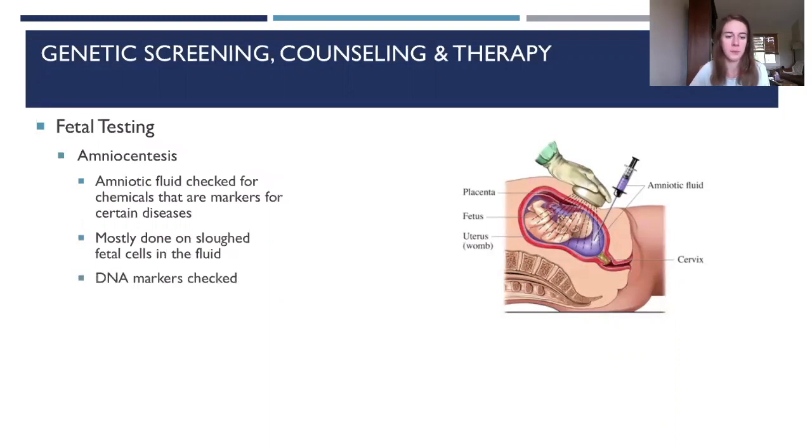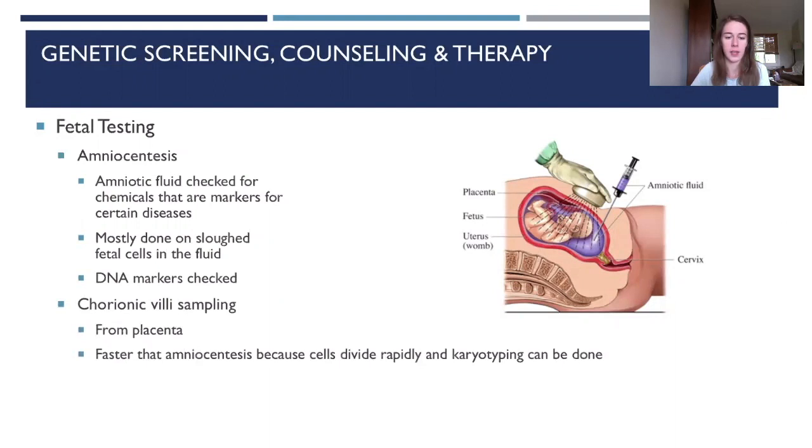Chorionic villi sampling, that is going to be from the placenta. Remember that both mom and the baby contribute some actual tissue to the placenta. So if you take a portion of the fetal side of the placenta, that means that you're taking actual cells that developed from the fetus.